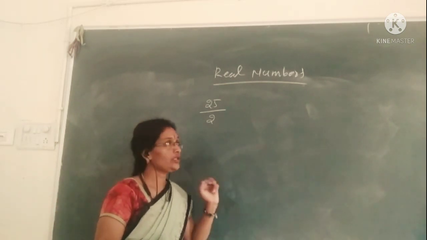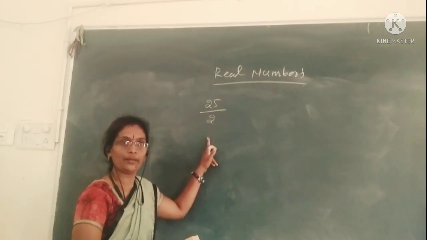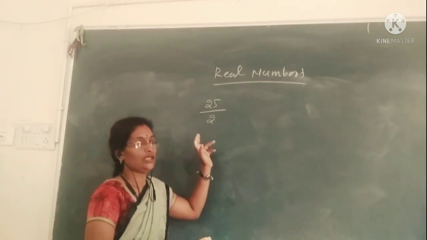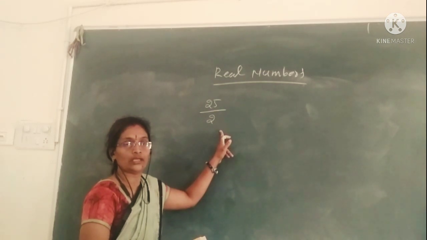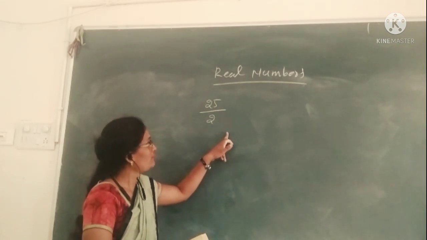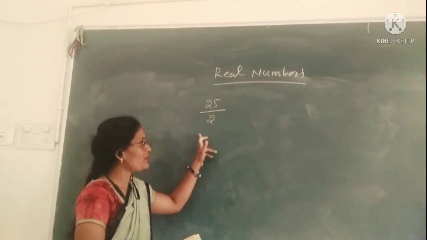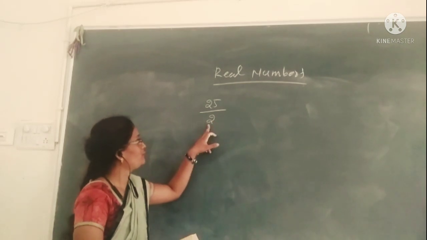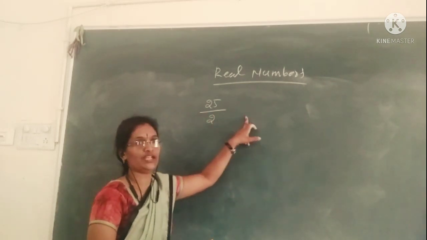In the theorem, for the rational number p by q whose decimal expression terminates, q is of the form 2 to the power of n, 5 to the power of m. That means a power of 2, a power of 5, or both. Here the denominator is 2, so this is a terminating decimal.